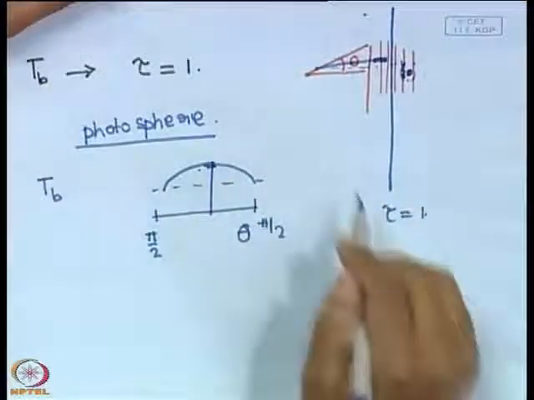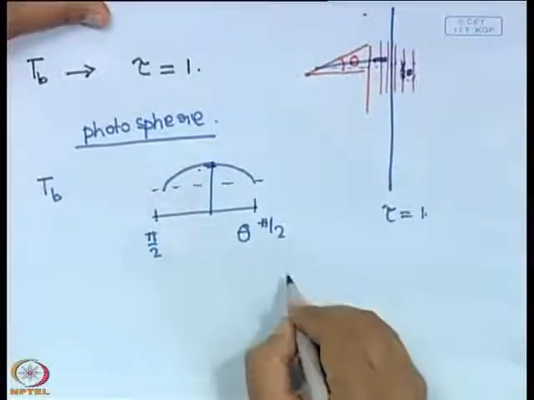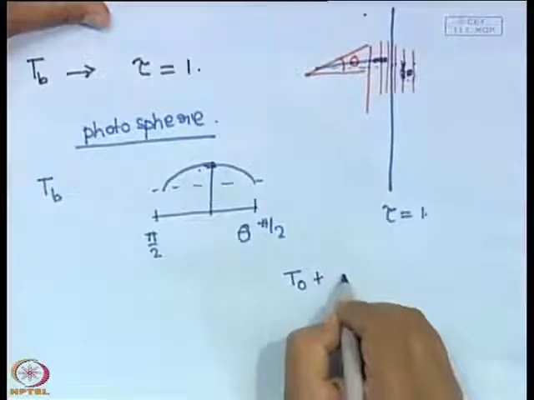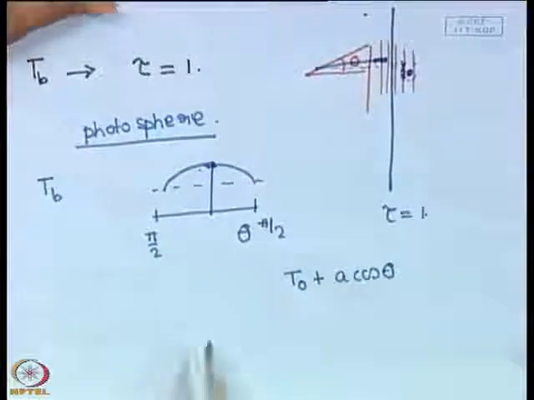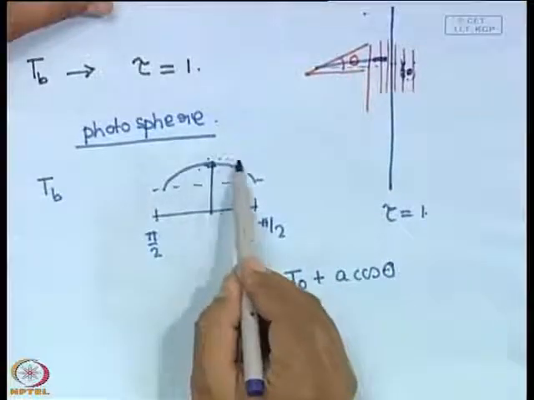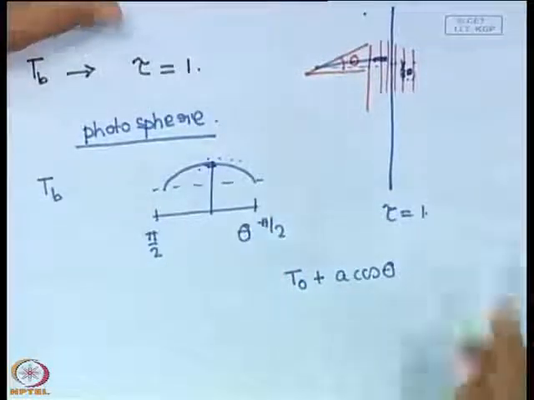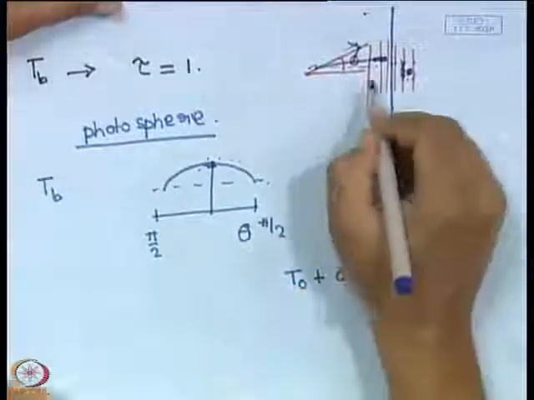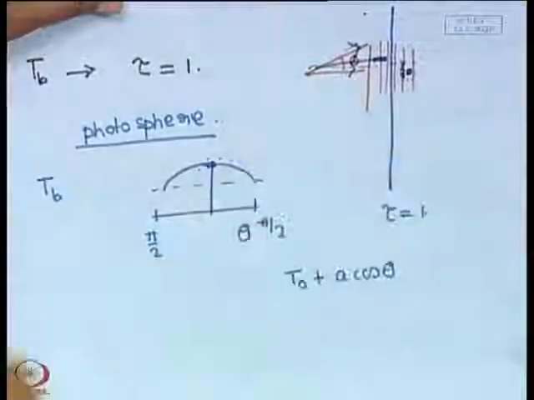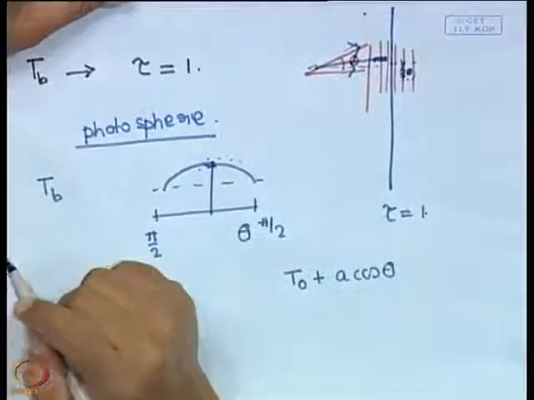Okay, that is just cos theta basically, T naught plus cos A. So as theta increases, the value of cos theta falls and the temperature is going to fall. So if you look in this direction, you are going to see a smaller temperature as compared to this direction. And why is that so?